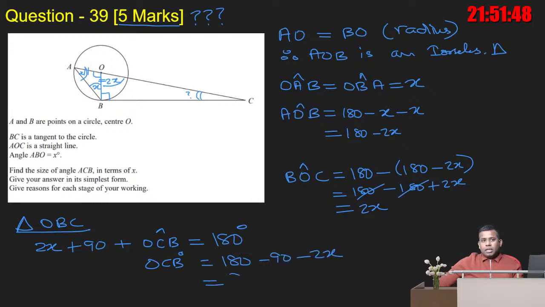So the answer is 90 minus 2x, right? So that is the answer for the OCB. Oh, sorry, what are they asking? ACB. So ACB and OCB are the same. The question says give a reason for each stage, so that is the reason I have written down each and every step. Hope you understand that one, right?